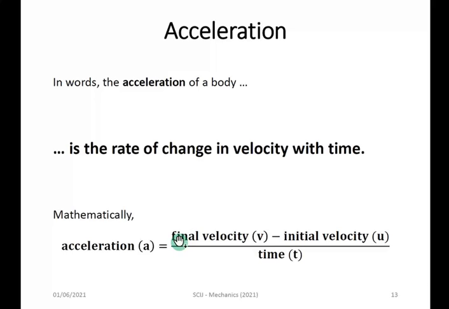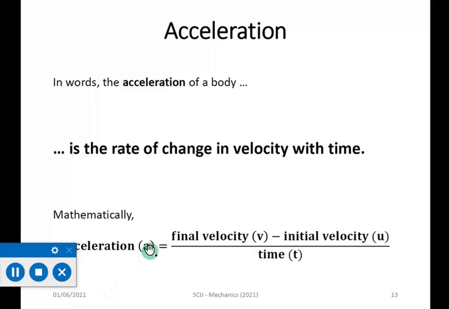If a body is in motion, what are the words that we can use to describe the motion? The last one we are going to consider will be acceleration. What is acceleration? In words, acceleration of a body is the rate of change in velocity with time.